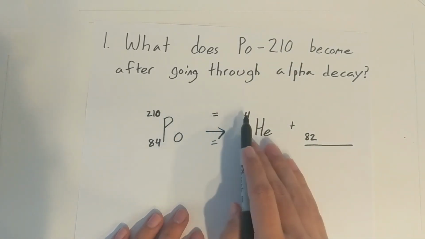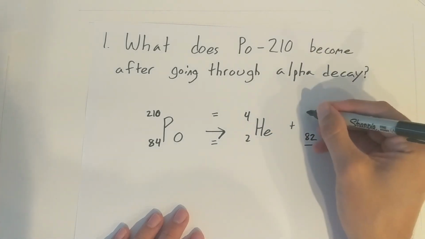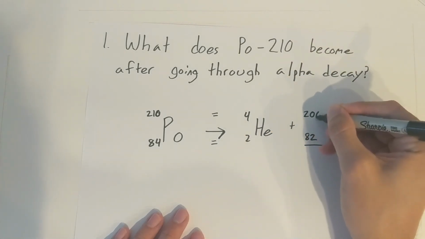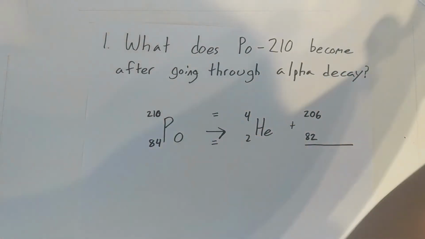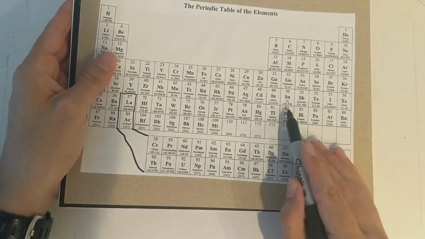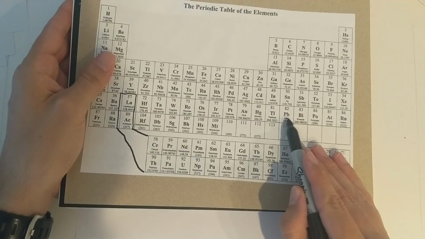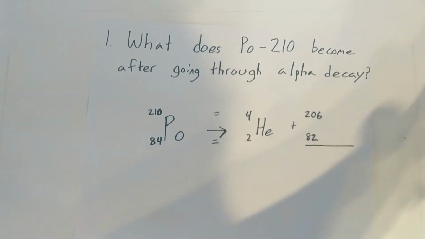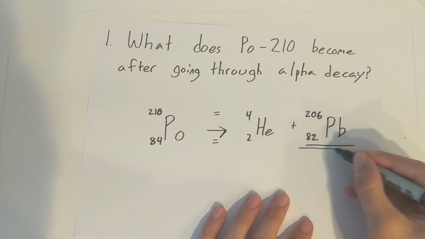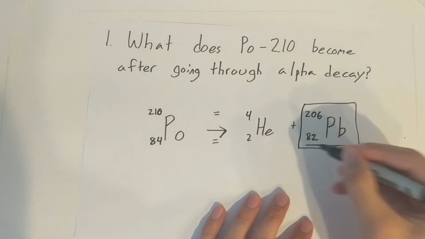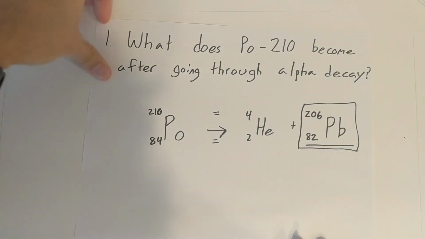And then 210 is equal to 4 plus 206. So I can use this 82 to figure out what element this is becoming. And if I look on the periodic table, atomic number 82 would be lead, Pb. And that would be my answer right there.